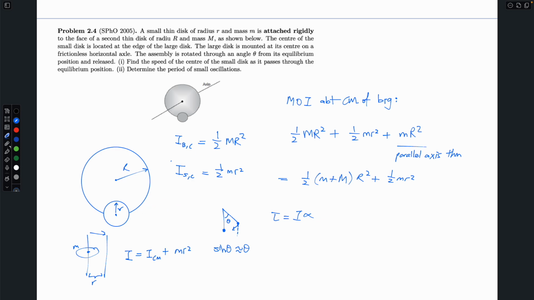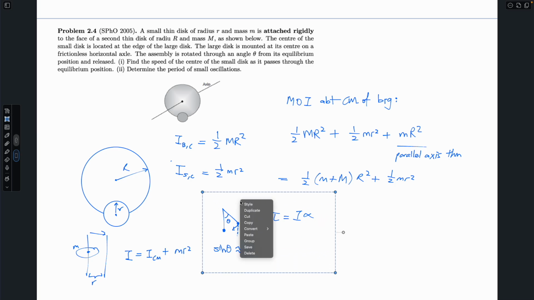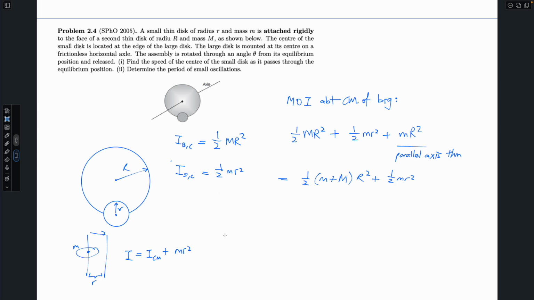So I would recommend you do an energy approach instead, which is that the energy of the system, if it tilts by an angle theta, so let's say it goes an angle theta to the side. The potential energy of the big disk won't change, but the potential energy of the small disk will.